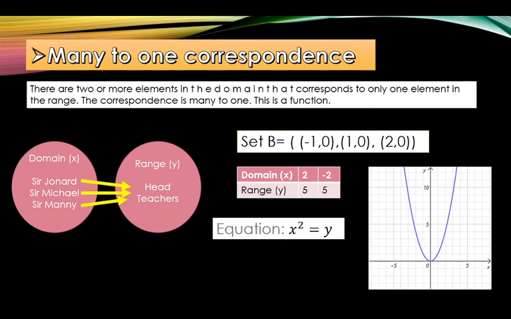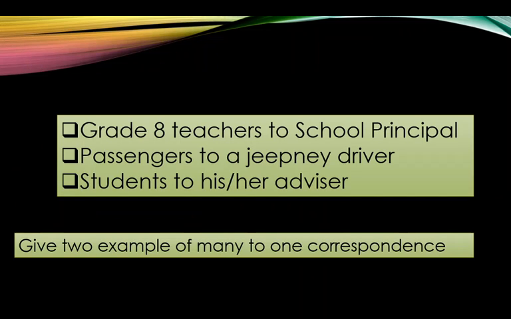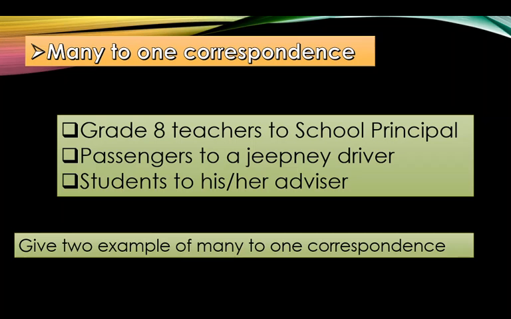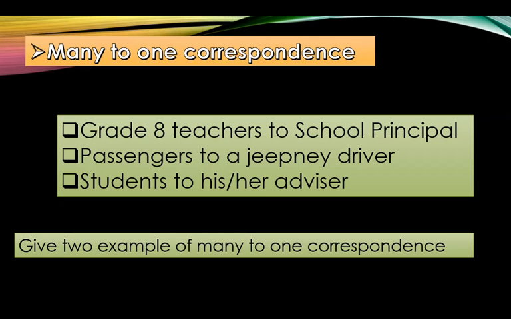Alright? So, I hope you learned the second type of relation according to the correspondence. Now, let's move on to some examples of this many-to-one correspondence in real life. So, we have the grade 8 teachers to school principal. Ayan, marami kaming grade 8 teachers. 25 grade 8 teachers to only one school principal.